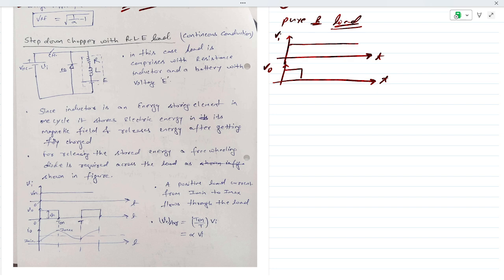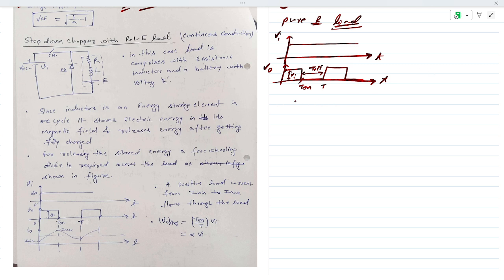When the switch is on, there is output. When the switch is off, no output. The magnitude of this output is the same as Vi. This is the T on, this is the capital T, and this duration is T off. So this was related to the previous video.